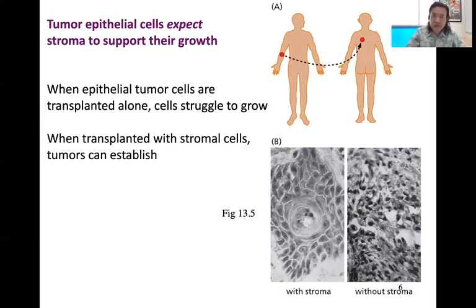Right? So tumor cells expect stroma to support their growth. Back in the 50s, before we had a lot more moral, ethical awareness of how to do cancer research, and certainly well before we had patient rights and the protection of patients.